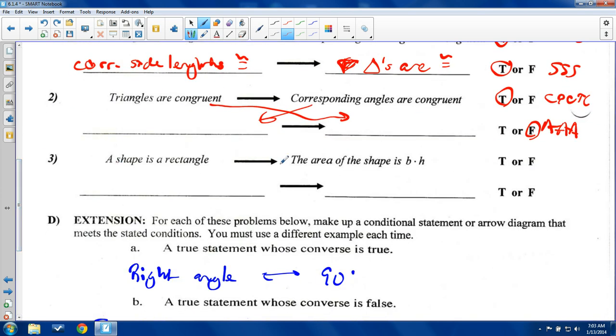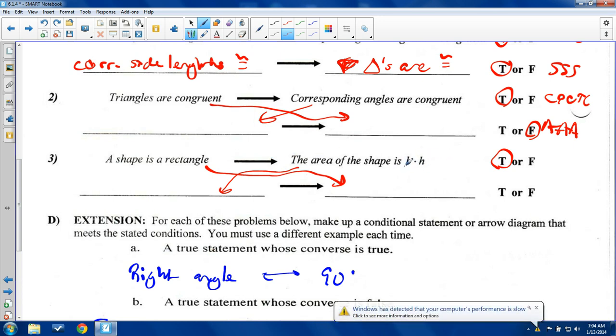Finally, a shape is a rectangle means the area of the shape is base times height. This is true. All rectangles have area base times height. However, is anything that I compute base times height a rectangle? Think about it. You might have to know formulas, but the area of a parallelogram is base times height. The area of a rhombus is base times height.